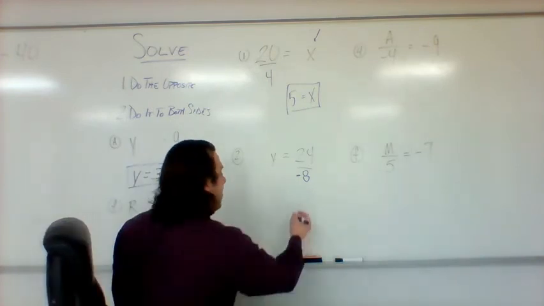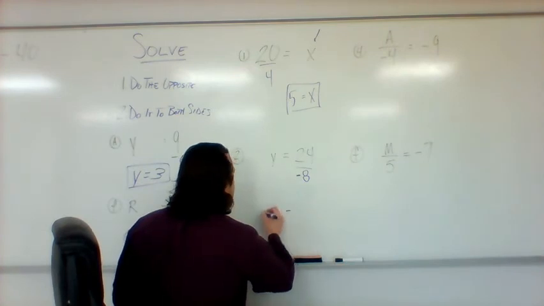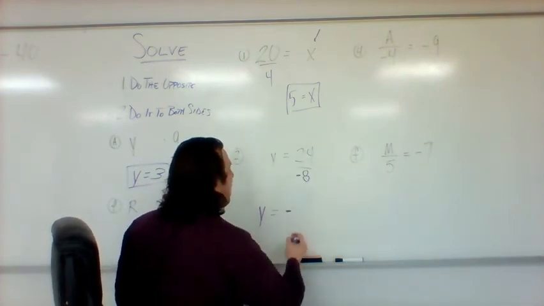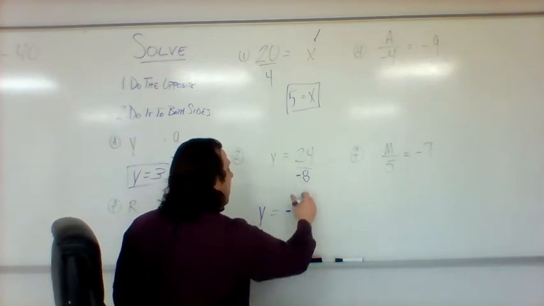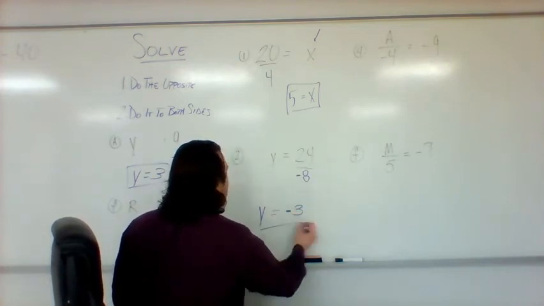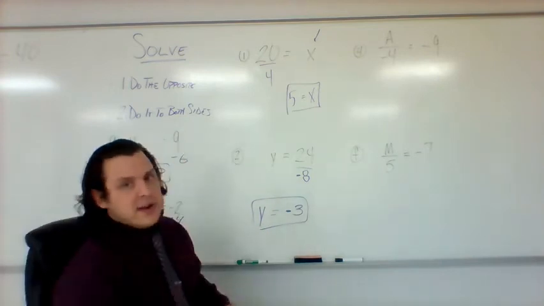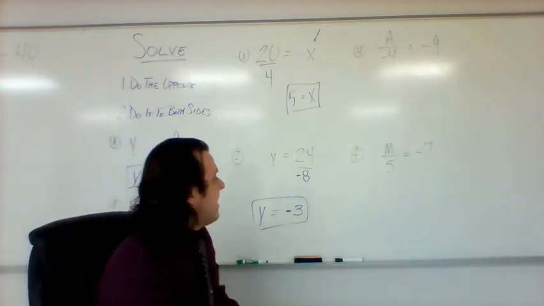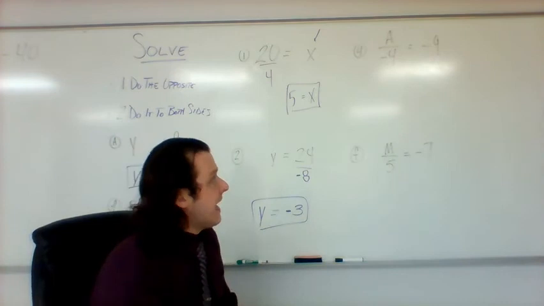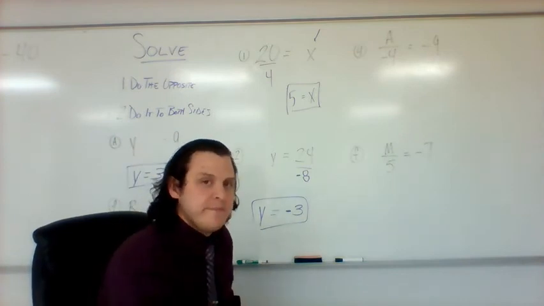An odd amount makes our answer negative. So this should be y equals a negative, 24 divided by 8 is a -3. And you can check that in your calculator. 24 divided by -8 should be a -3.